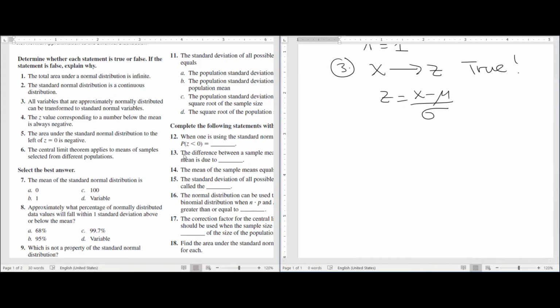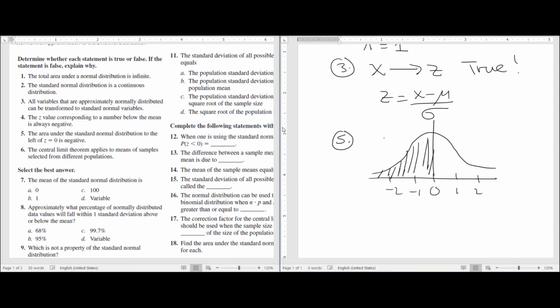So for number 5, the area under the standard normal distribution to the left of 0 is negative. So it's saying that the area is negative. So remember, if you have the standard normal distribution, you have 0 in the middle, and you're going by 1 on each side, then it's saying that the area to the left of 0 is negative.